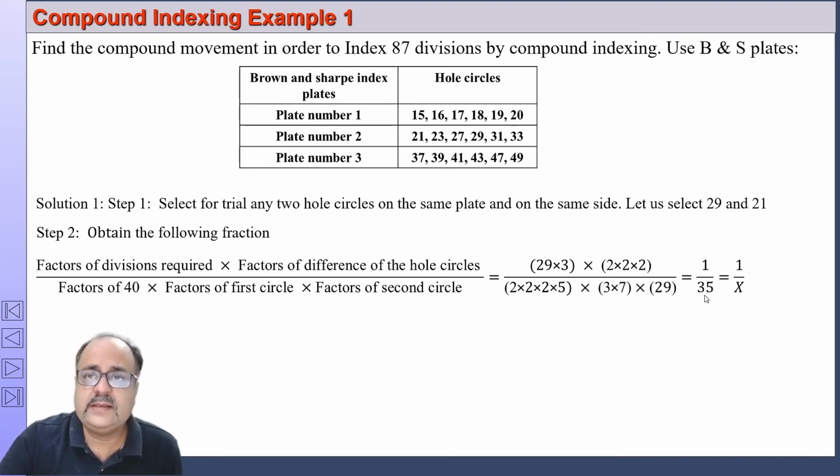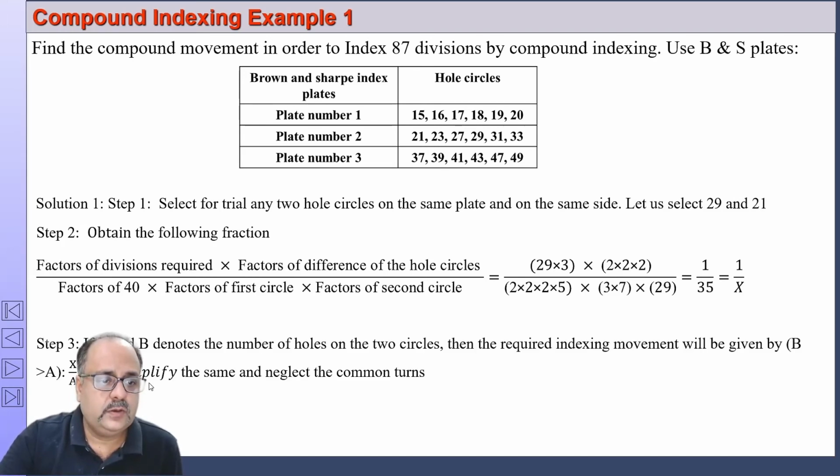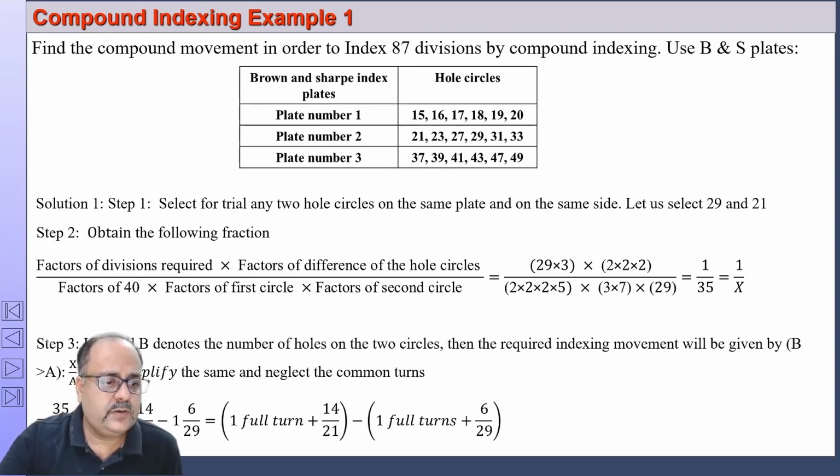So next step is x by a minus x by b. So b will be 29 and a will be 21. So 35 by 21 minus 35 by 29, it gives us 1 14 by 21 minus 1 6 by 29.